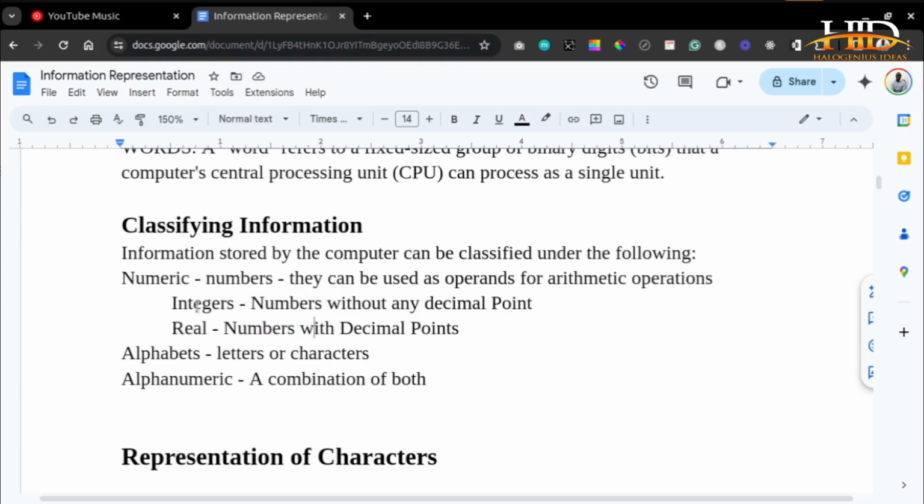These ones don't have any decimal point, but this other one has a decimal point, the one we refer to as floating point data. So this is real and this is integers. Then we have the alphabets, which are letters basically. Then we have the alphanumeric, which is a combination of both numeric data and alphabets.